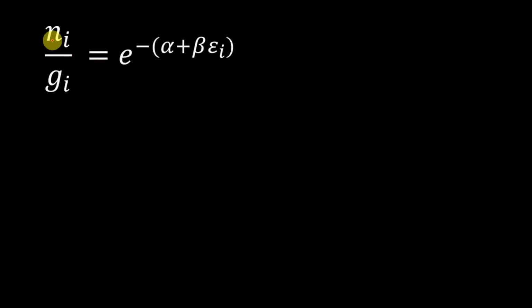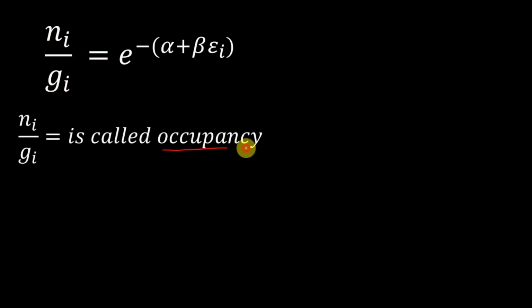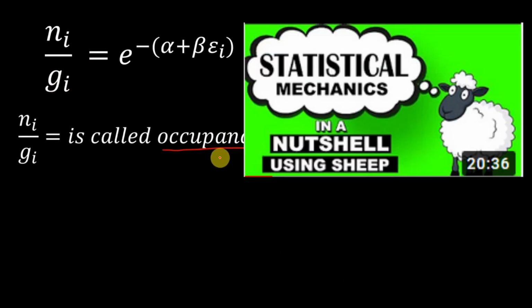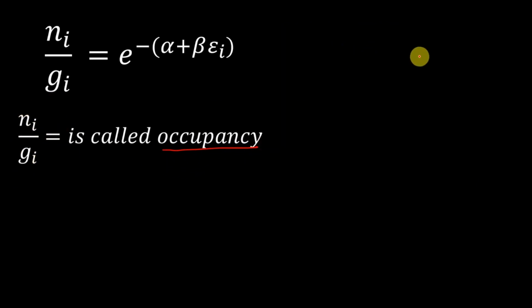So we know that this ni upon gi determines occupancy. We have talked about in the statistical mechanics in a nutshell video. You must watch that video if you want to understand why statistical mechanics is the way it is. This tells us how many particles are in which energy level at equilibrium.